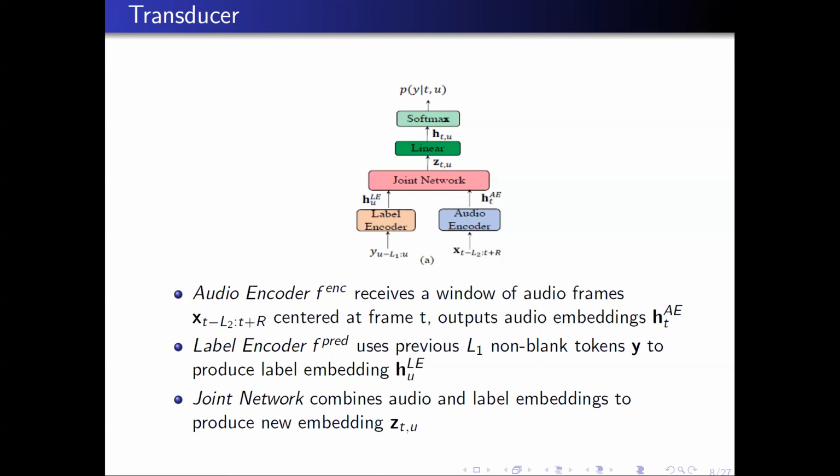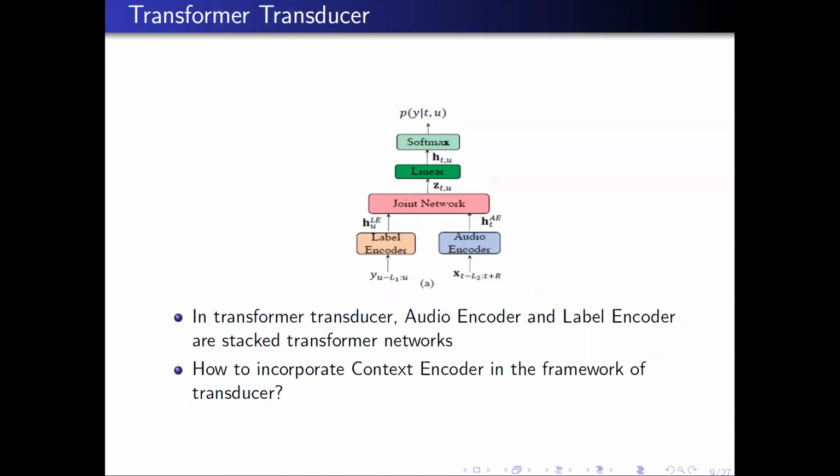These new embeddings are used to predict the most likely token for frame T. In transformer transducer-based ASR systems, the audio encoder and label encoder are stacked transformer networks.